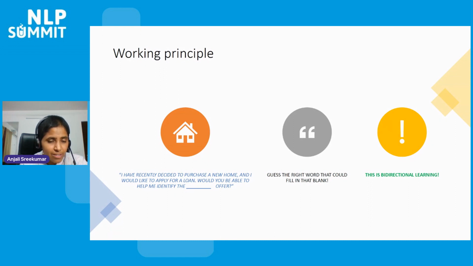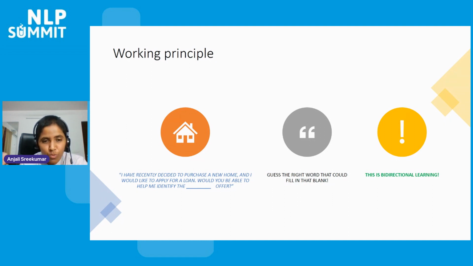If you stop at the blank and don't read after it, you can come up with different words like bank: could you help me identify the agent? Could you help me identify the best interest rate? Anything. But when you see the word that comes after the blank, which is offer, your brain automatically fits in that they are asking for the best offer.